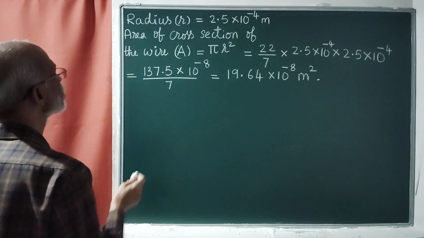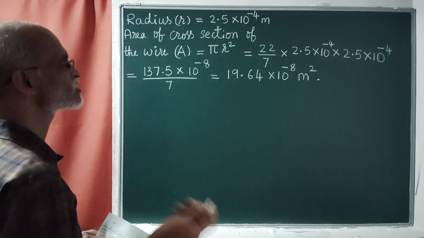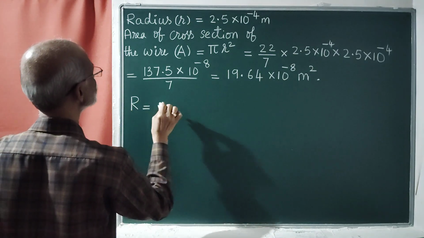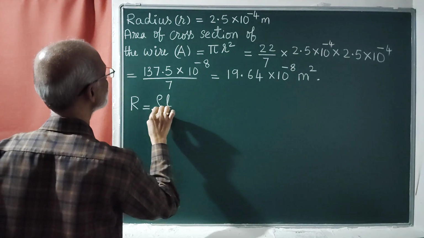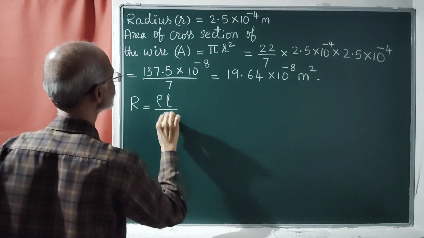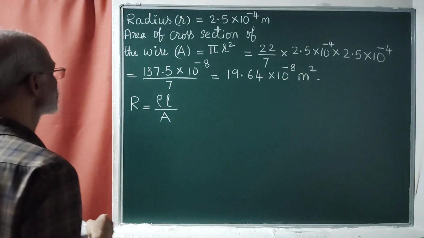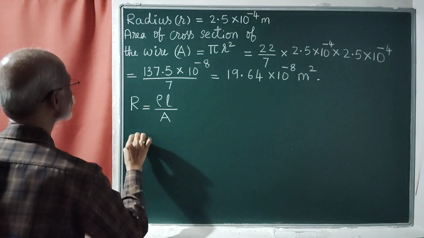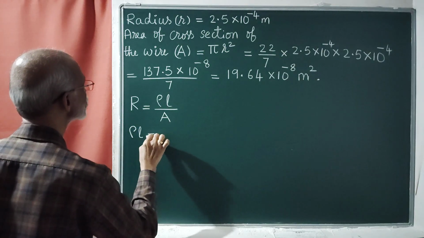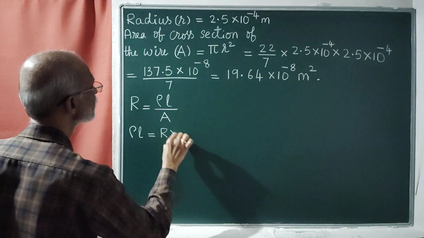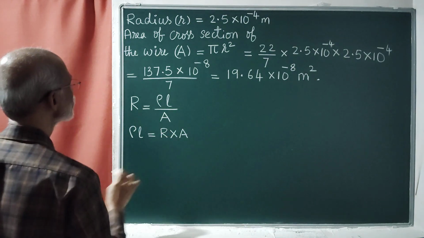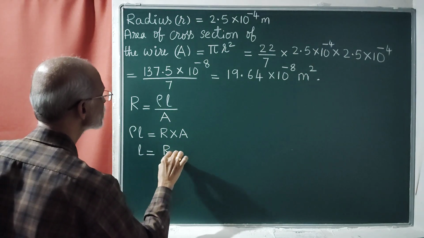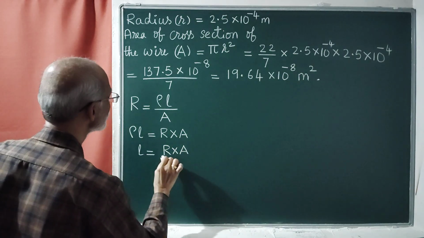Now we will use the formula. Actually, we have to find the length of the wire. So the formula is R equal to rho L by A. Here we will calculate the value of L. First we'll cross multiply, so rho L is equal to R into A. So L equal to R into A by rho.